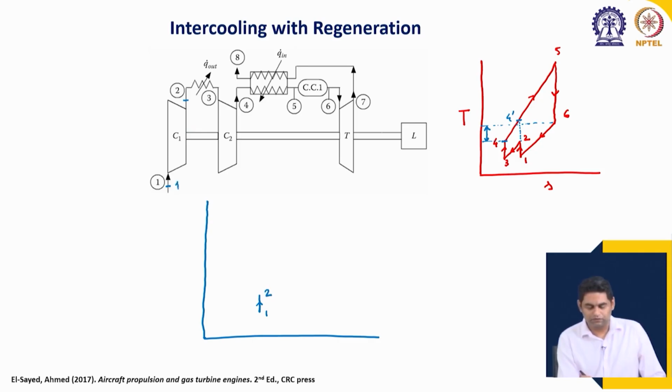It starts from 1 and goes out at 2, and then you have the intercooling, cooling of the air going from 2 to 3 in the heat exchanger, which is known as the intercooler as previously discussed, and then 3 to 4 we have the second compression process in the second compressor. This is the high pressure compressor, and this is the low pressure compressor.